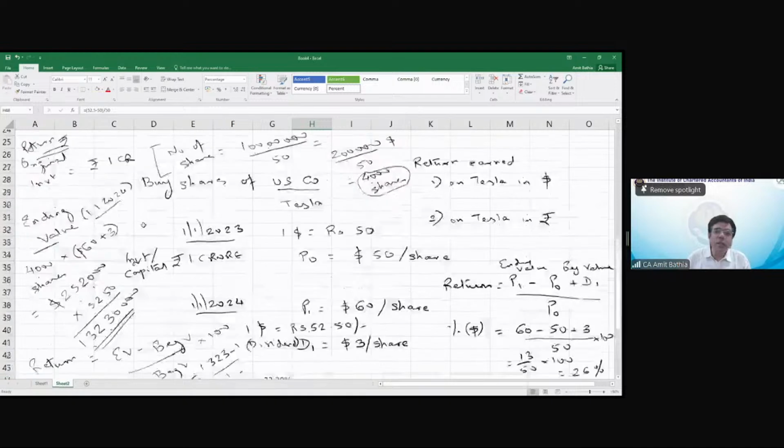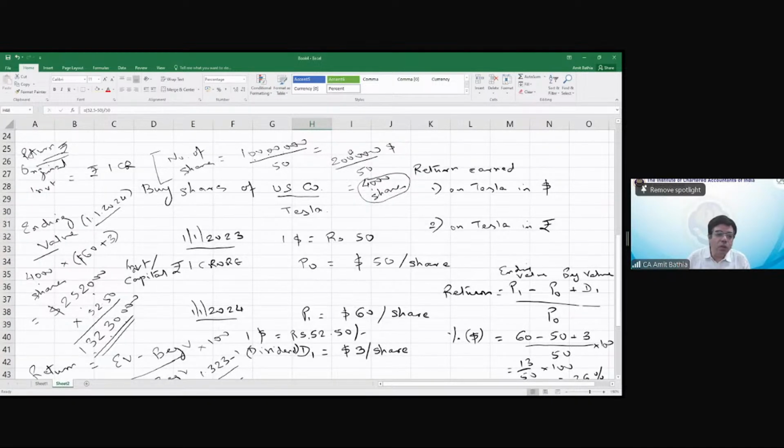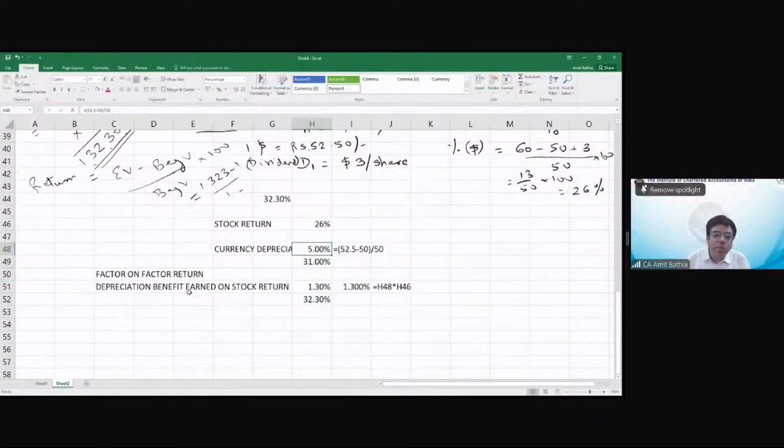You originally put in $200,000, and now you are getting 252. So on this $52,000 also you got the incremental 2.50 rupees per dollar extra. That is known as depreciation benefit earned on stock return, also known as factor on factor return.